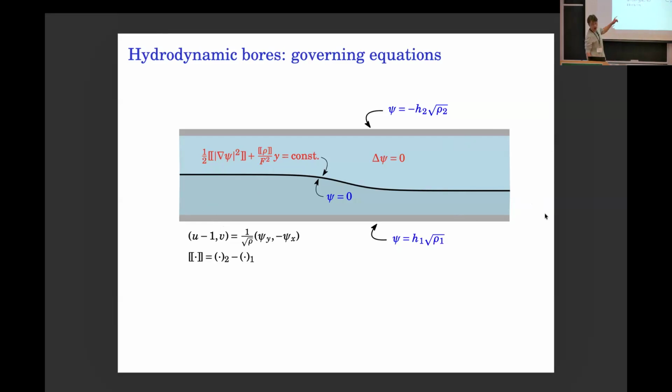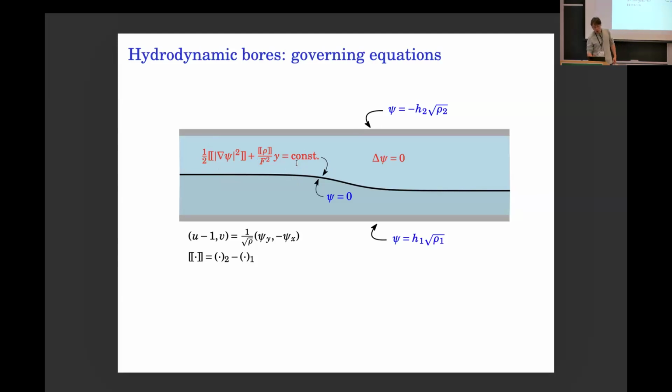And for the Bernoulli condition, I haven't told you the dynamic boundary condition here is pressure continuity. It's not a constant pressure, because now you have two fluids. So the pressure continuity condition translates to this jump condition. The double bracket means there's a jump across the interface. So the jump of the kinetic energy and the potential energy is a constant. All right, so that's what it says.